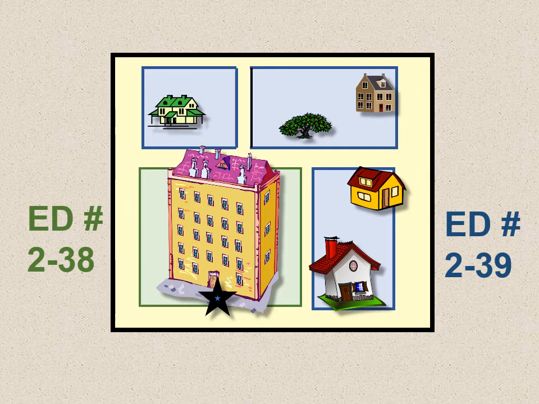If I was searching for an address in 2-38, and entered all those 4 street names, I couldn't get down to a single enumeration district. I would always see 238 and 239 on the results, because those street names in 238 are also included in 239. So this is one possible reason why you can't get down to a single enumeration district.